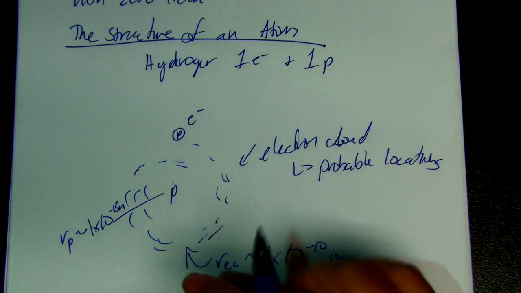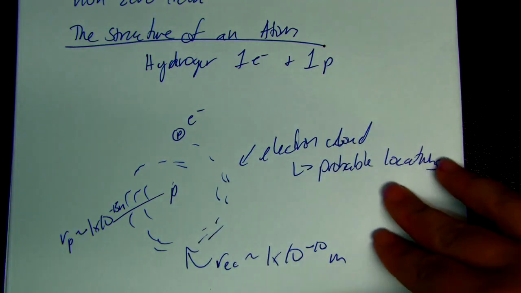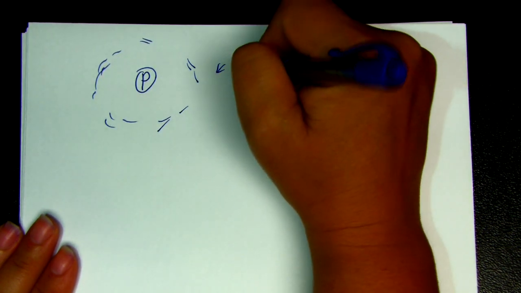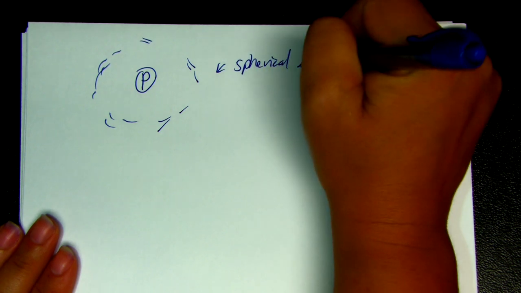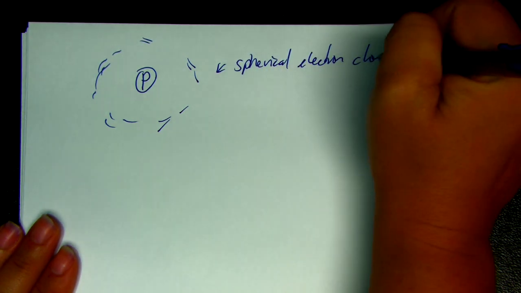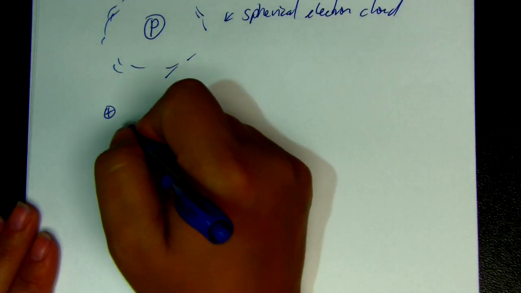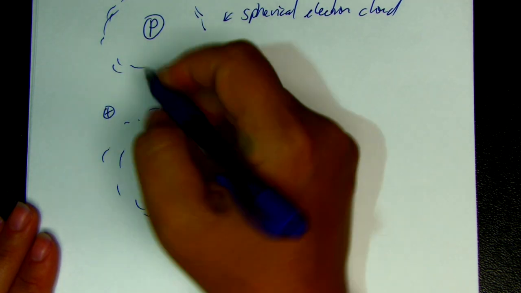Okay, so let's see what can happen to this cloud. In its natural state, it's going to be spherical. So it's got a nice spherical cloud. So we've got our proton here, and then we've got our spherical electron cloud. Now, let's say that we took a positive charge and we moved it next to this cloud.